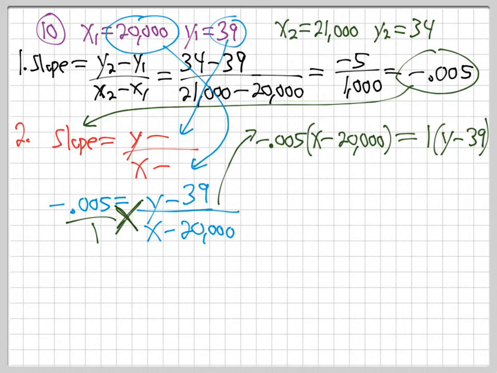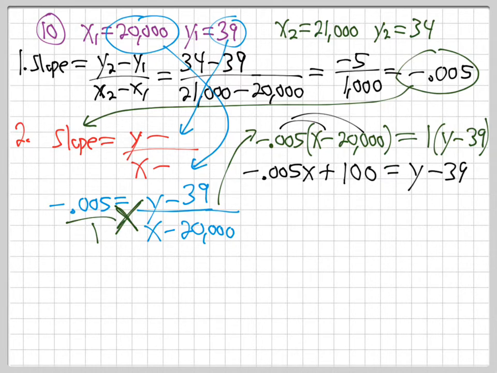And then just distribute. And you get minus 0.005x plus, because negative times negative would be positive, 100. Thank you. And y minus 39.